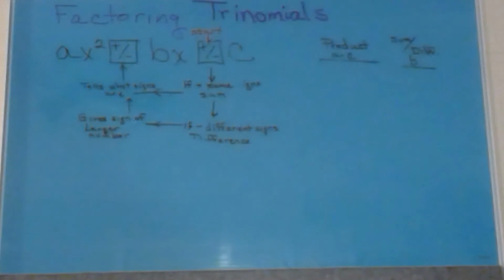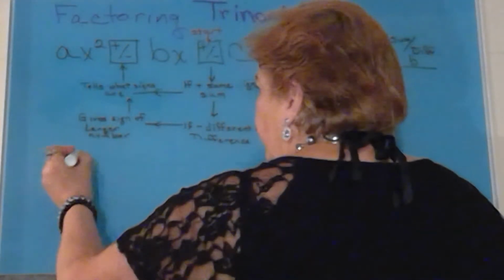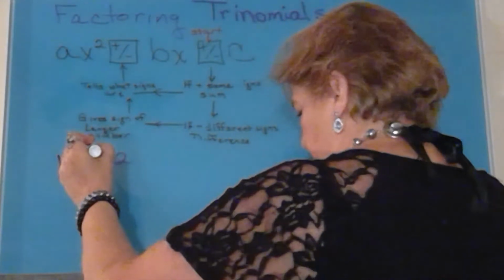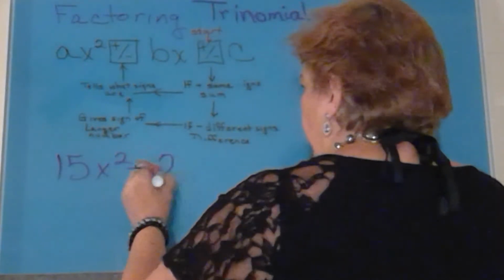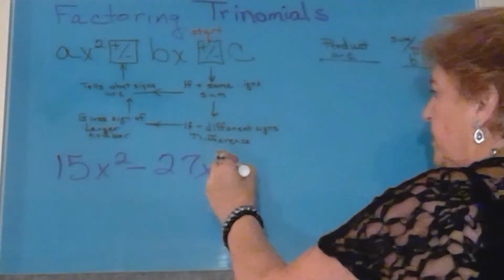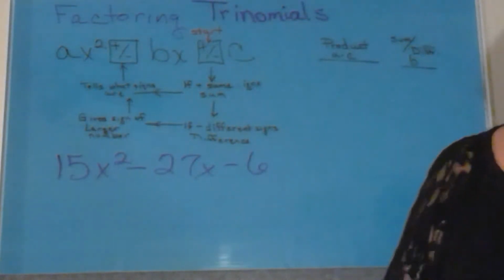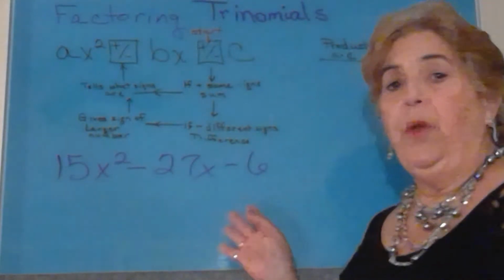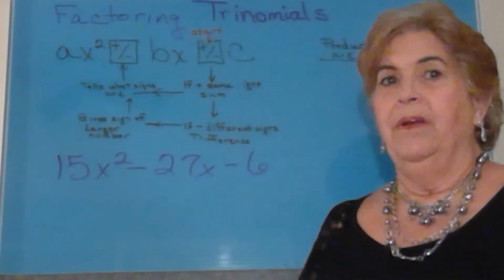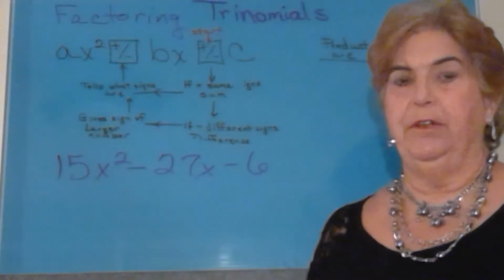The next problem I have is 15x squared minus 27x minus 6. Now I chose this because you can't forget what we did when we first learned how to factor.